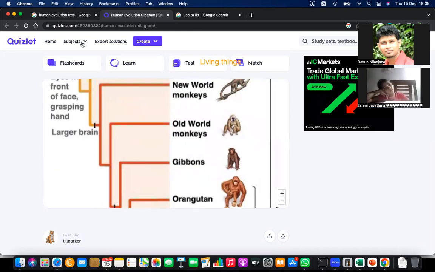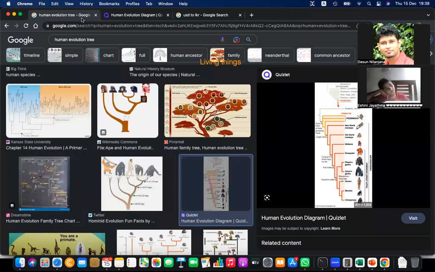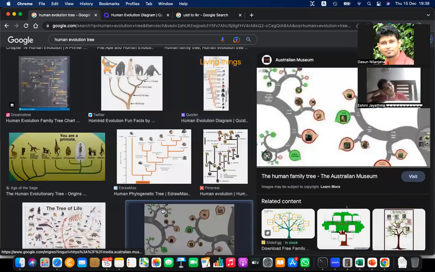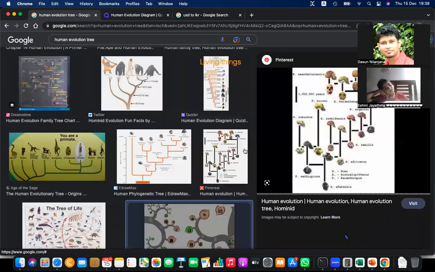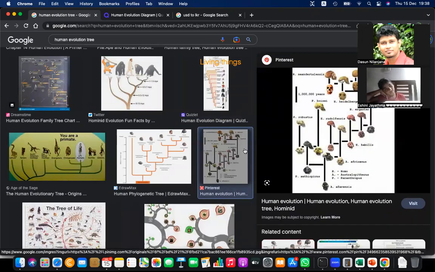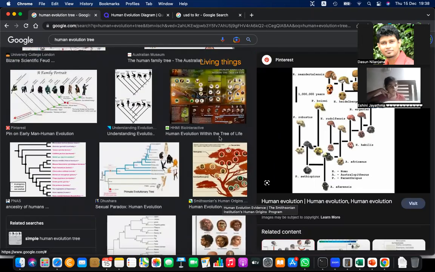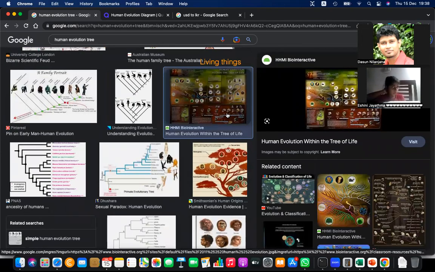This one is not really clear to you, so let's try some other ones. This is not the tree. They show the recent branches. I just want to see from the ancient era.